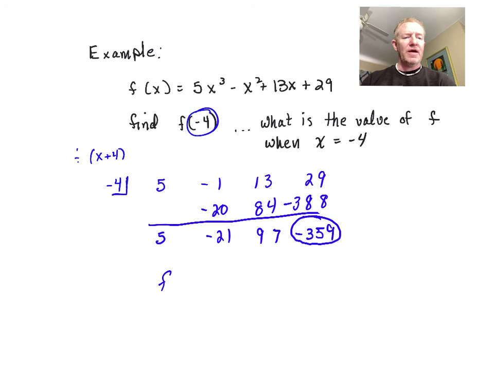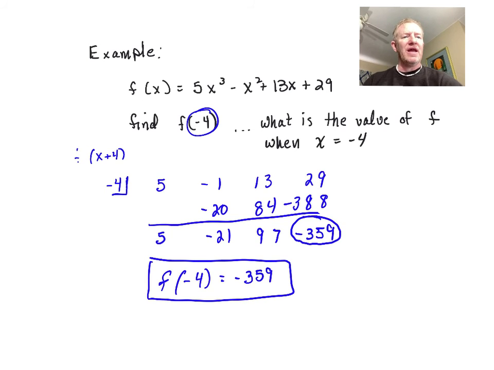This tells me the f of negative 4 is equal to negative 359. The same number I'd have gotten had I plugged in that negative 4 for all of these x's. Much quicker. I did have to get out my calculator a little bit just to do some additions and multiplications, but that's it. Last example.